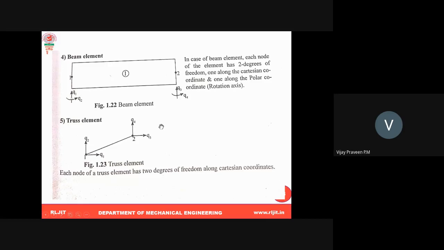Q1, Q2 are the nodal displacements. Q1 is the linear displacement and Q2 is the rotation. Because when you apply a load on a beam, it is deformed linearly in the Y direction, and it also rotates. That is called bending. Correct? The beam will be bent, right?